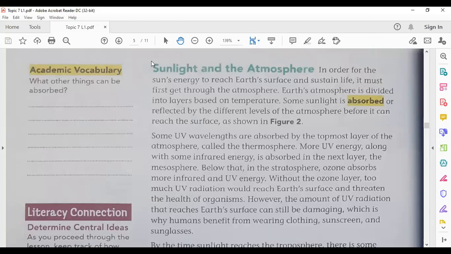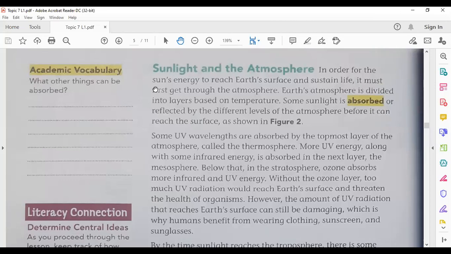Excellent. What happens to the light or sun's energy? Does all of the sun's energy reach the Earth's surface? No, because some of it is harmful, so the atmosphere reflects it to space.